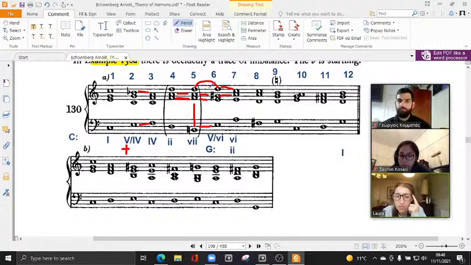The F is prepared because it's been held by the note before. So we have to prepare it, yes, then in the same voice, good. And in this case, it's a preparation by the octave or the third. The third. Why the third? It's asking because this is what Giorgio said.